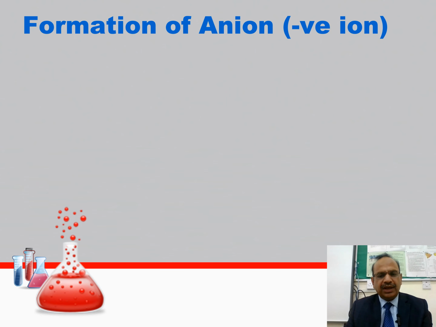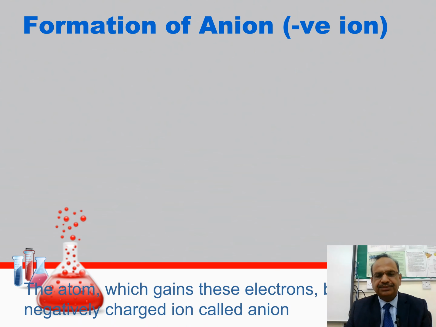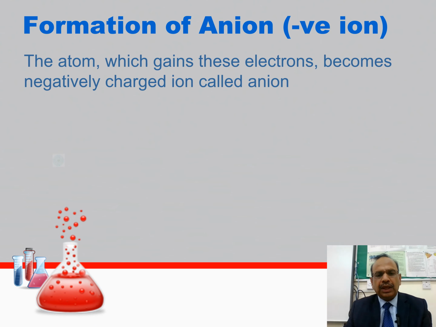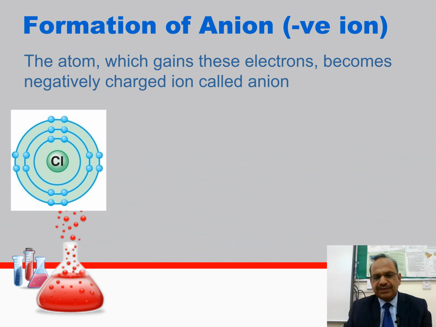As regards anions, non-metals gain electrons to get stability, to get the electronic configuration of the noble gases. They gain electrons and form negatively charged ions, and these ions are called anions. For example, chlorine is a famous one.